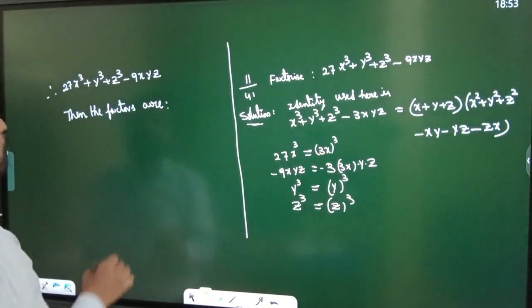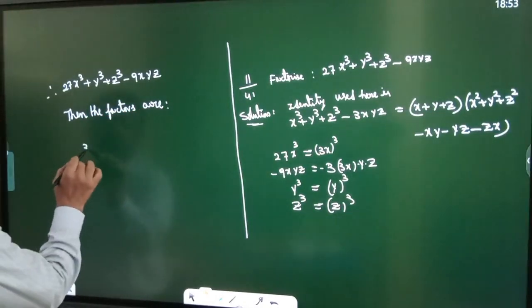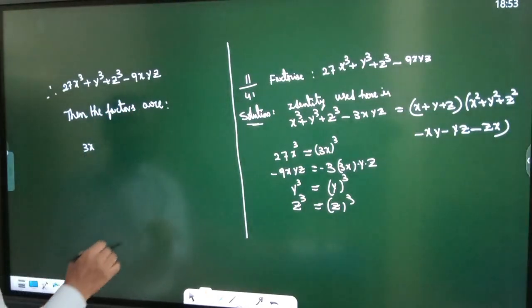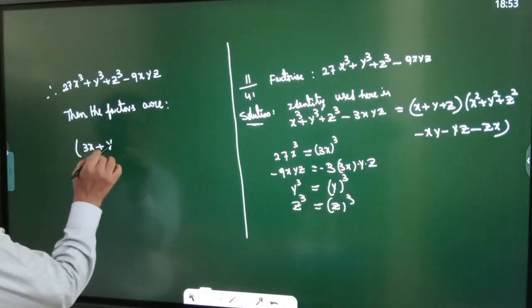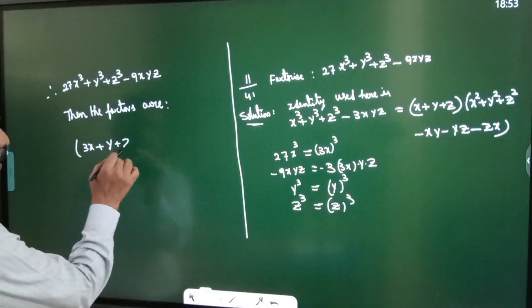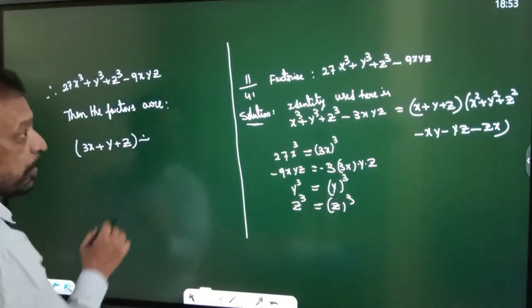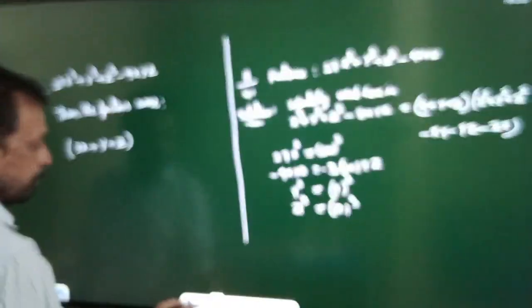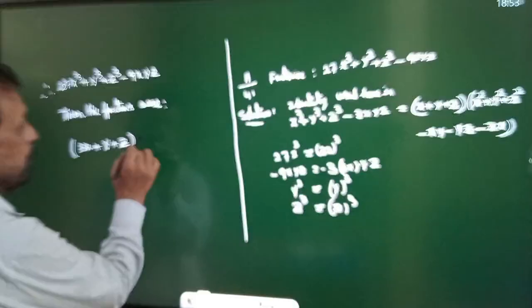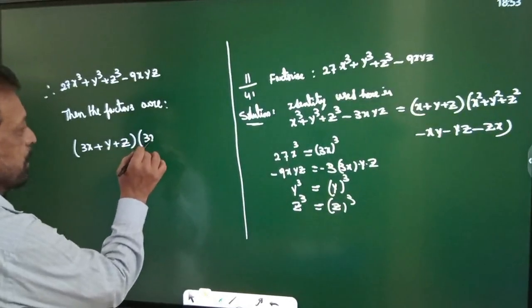The right factors are 3x plus y plus z into bracket start, 3x whole square.